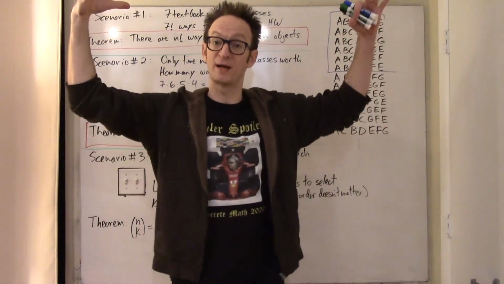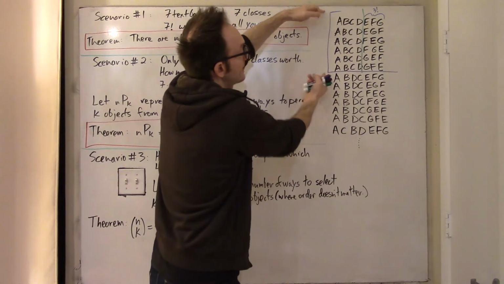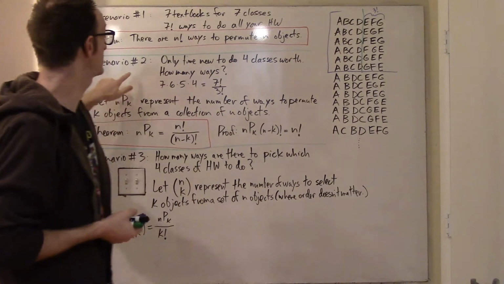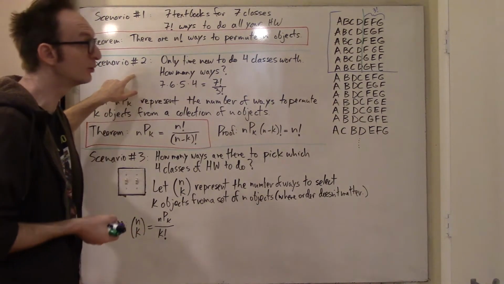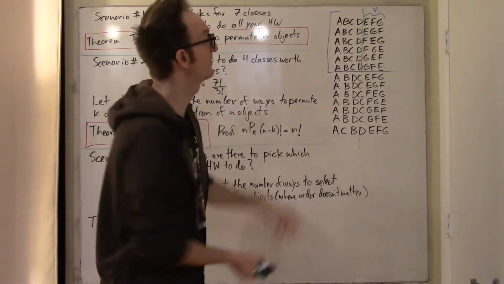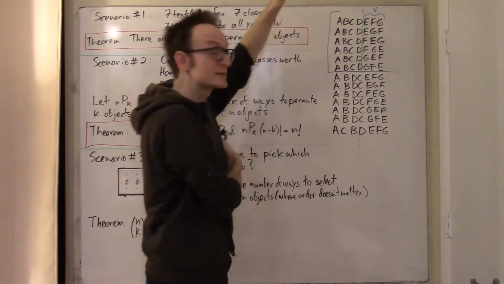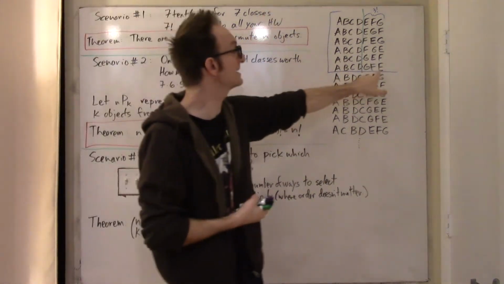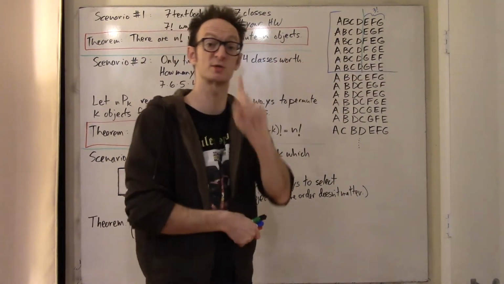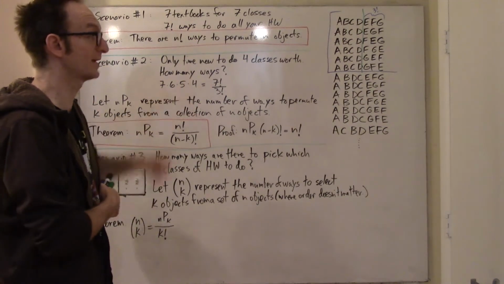So there's a fusion process in which we take all 6 of these and condense them into just one thing. The appropriate list to answer the question in scenario 2 is a list which is 6 times shorter than my original list. Because for every collection of 6 strings in the original problem that all end in the same 3 characters, those 6 should appear as just one entry in the list of all the ways to do 4 classes worth of homework.